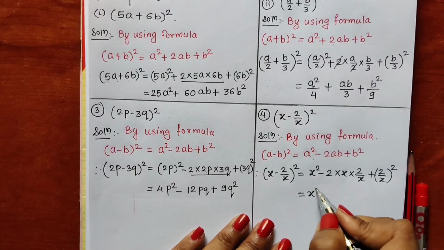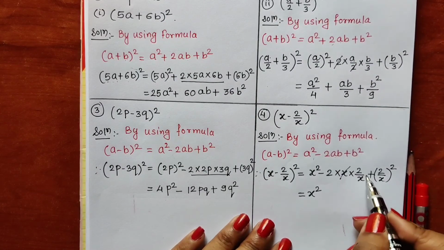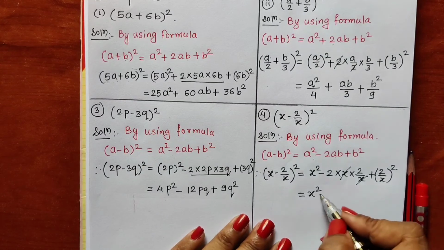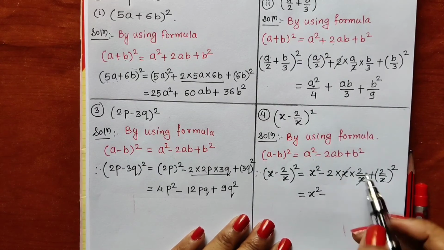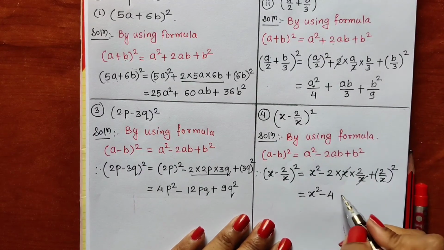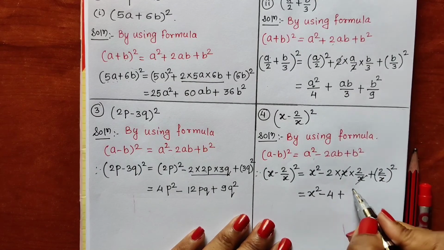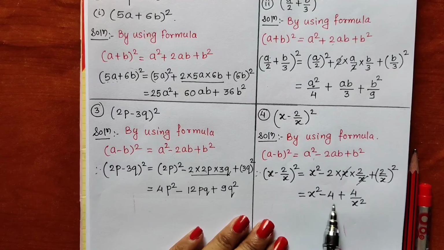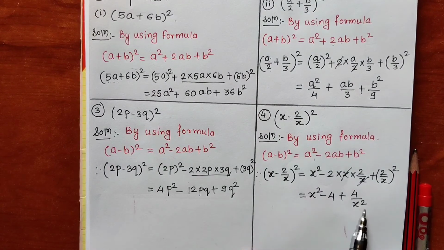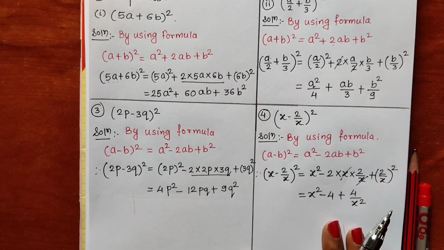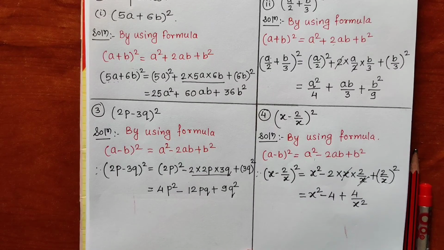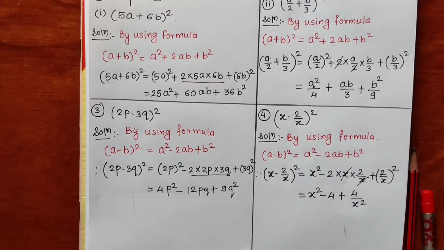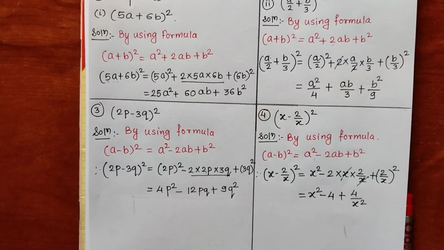X square we write as it is, x gets cancelled, minus sign is there, put the minus sign, 2 2s are 4 we can write here, plus 2 square is 4 and square of x is x square. Now see, all these terms are different terms, we cannot add or subtract them, so we keep it as it is. This way we get the expansion of (x minus 2 upon x) square.